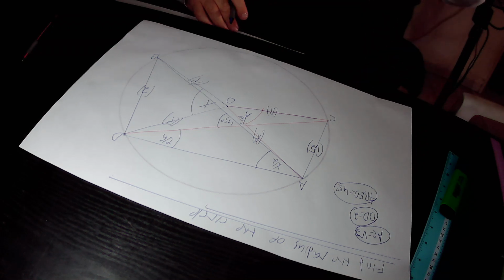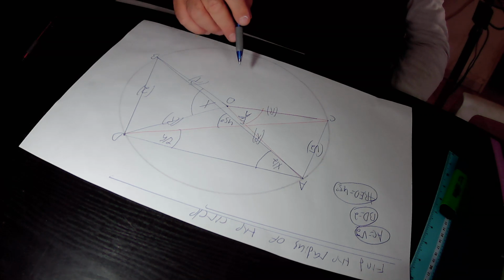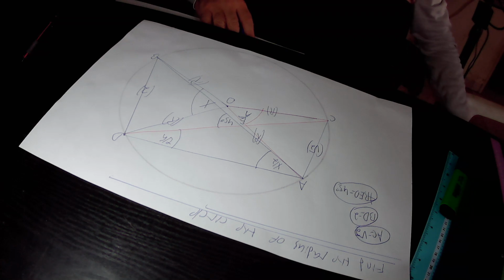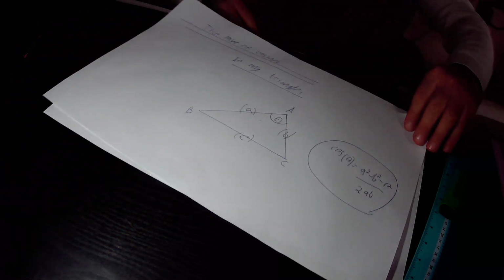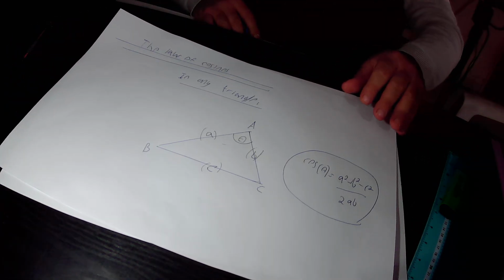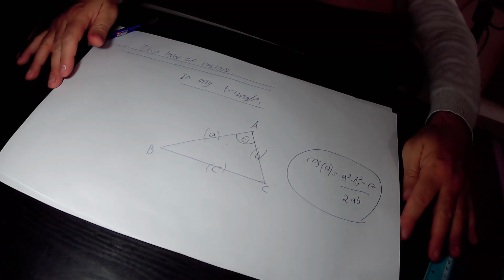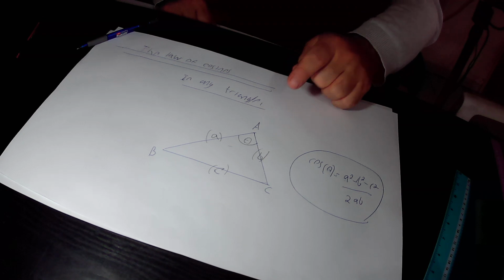In the next step, I will present to you the law of cosines, and we will implement the law of cosines in this triangle ODB. First of all, the law of cosines is true in any triangle. So this is triangle ABC, that could be any triangle.